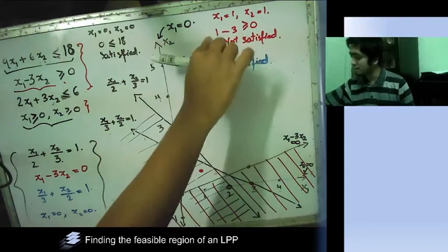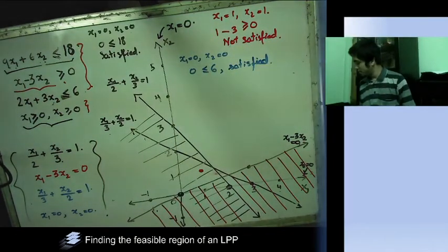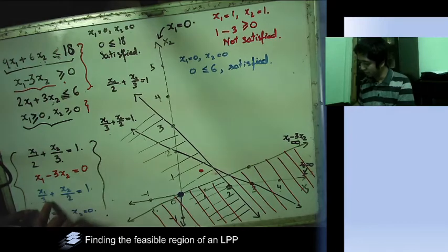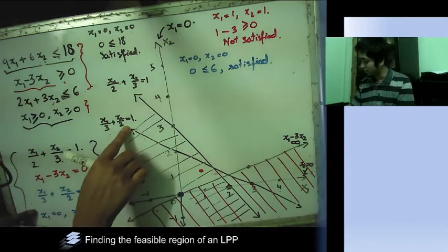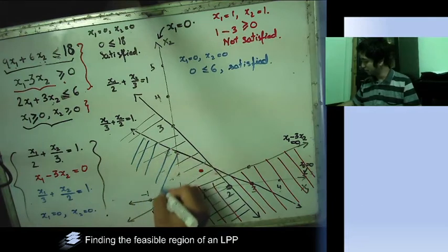Over here it's not satisfied because this is not true. So you were taking the point 0, 0 and concentrating on the blue line, x1 by 3 plus x2 by 2 equal to 1. This point is satisfied, so that's why the region will be pointing here.